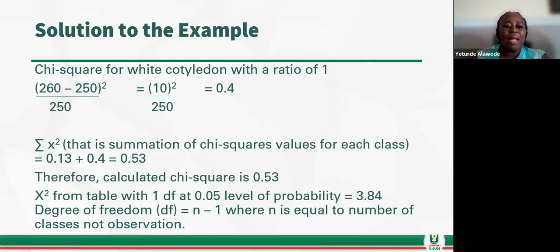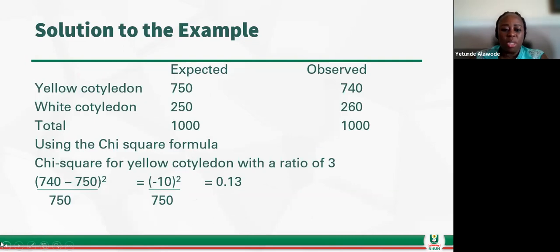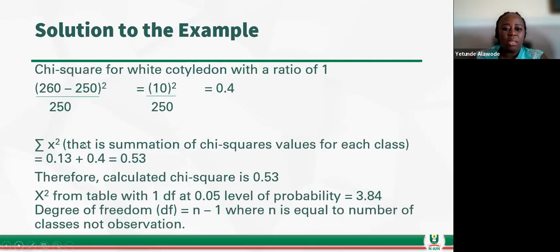So you have to do the summation of the 2 values that you got, 0.13 plus 0.4, to get your 0.53. So your calculated chi-square value is 0.53.